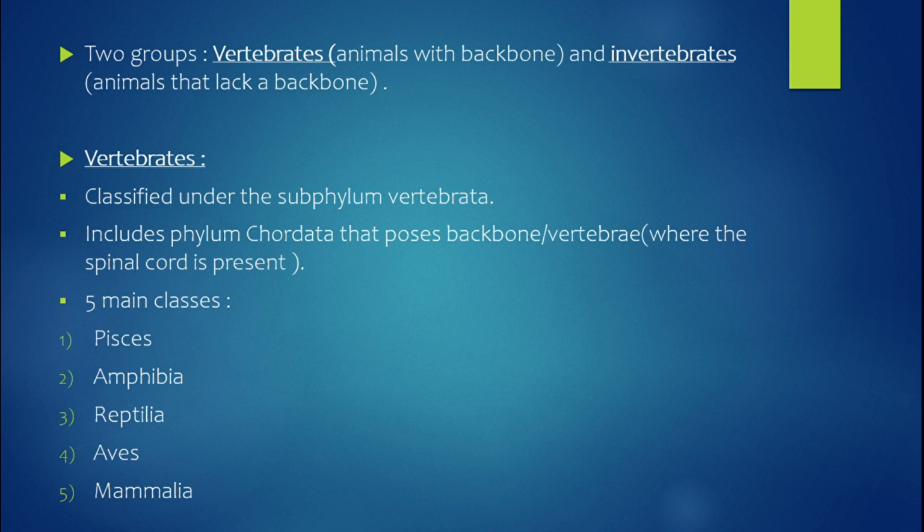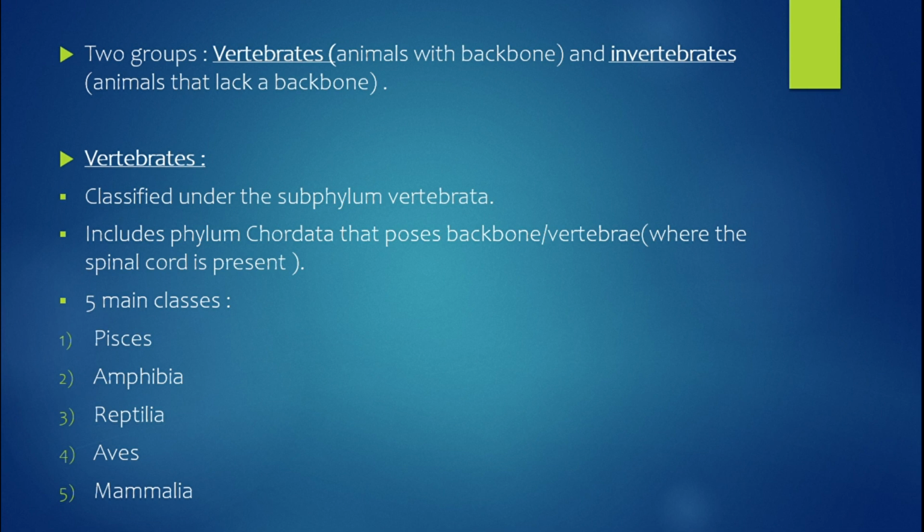There are five main classes under the vertebrates: Pisces, Amphibia, Reptilia, Aves, and Mammalia. So these are the five main classes. There are two or three more classes under the phylum Chordata that we are going to see in further classes when you go to 11th and 12th. So it is a little bit higher level.